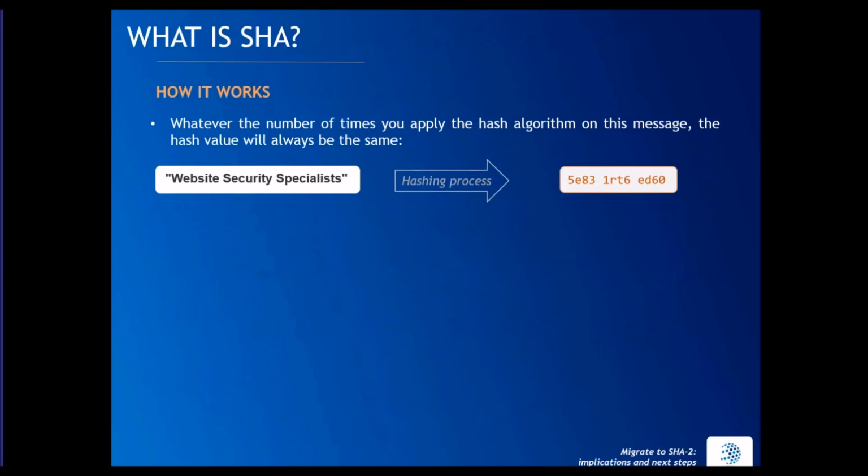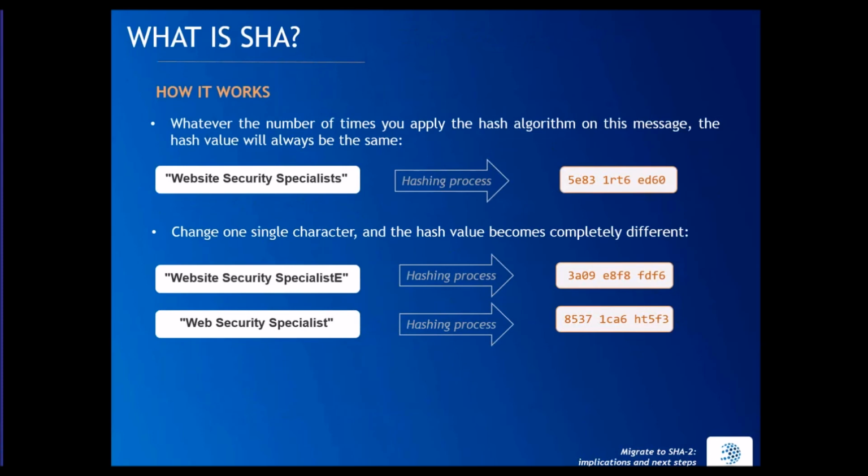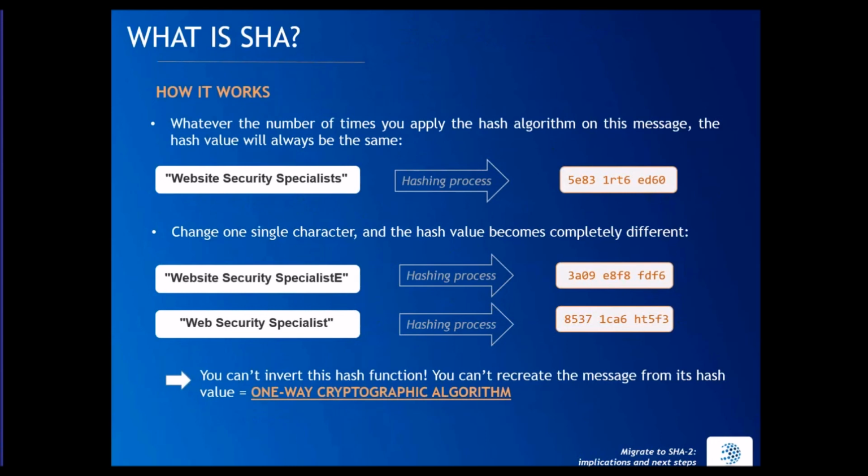Now depending on whether a single character is changed or not, that hash value will be different. So in the example you can see here, if at the end of specialist we put an E, the hash value is completely different. Again, if we take off the S at the end and just have web security specialist, then the hash value changes again.